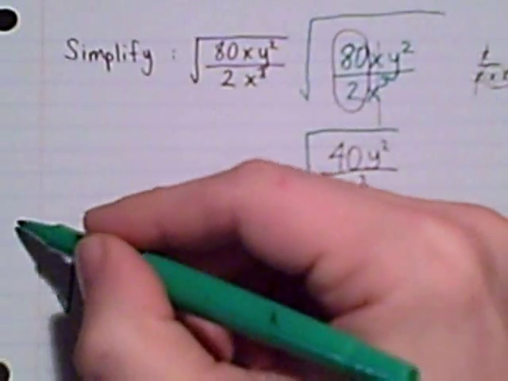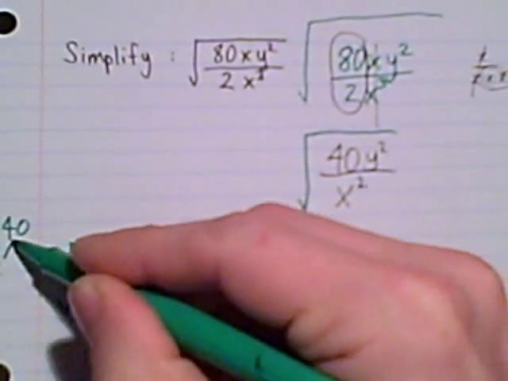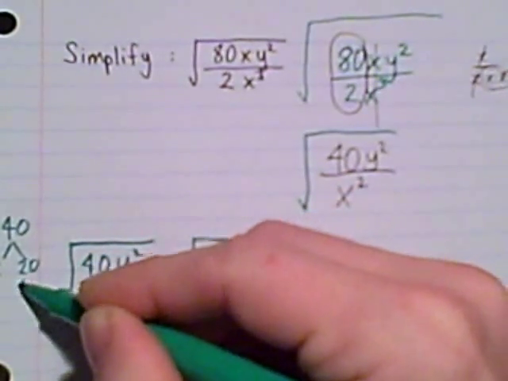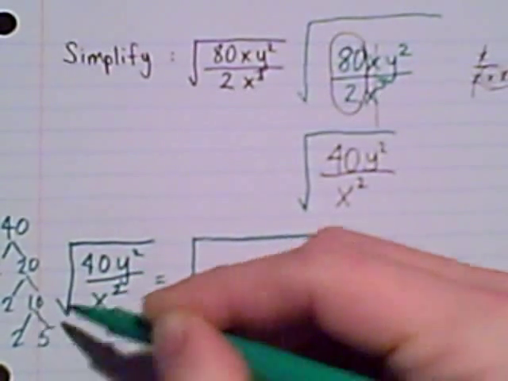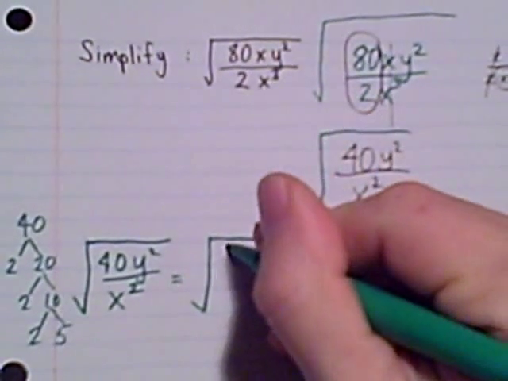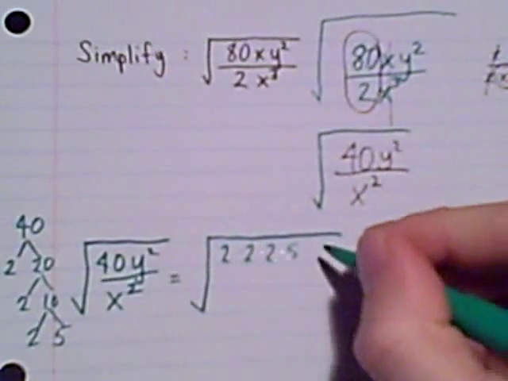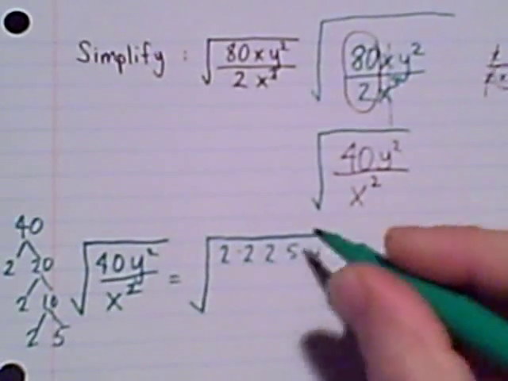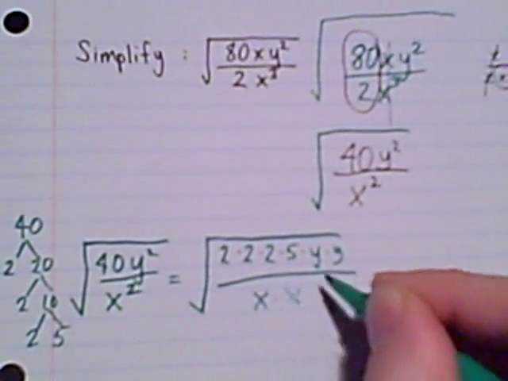Okay, 40. I might like to do a tree on that one. It's not a perfect square. We will find 3 2's and 1 5. And a pair of y's. Pair of x's in the denominator.